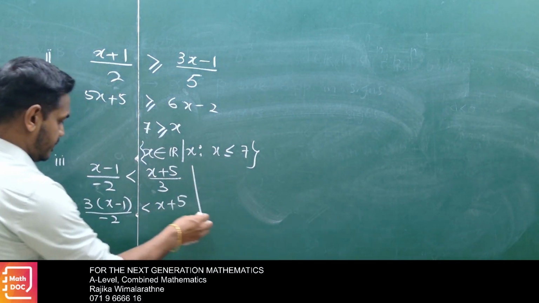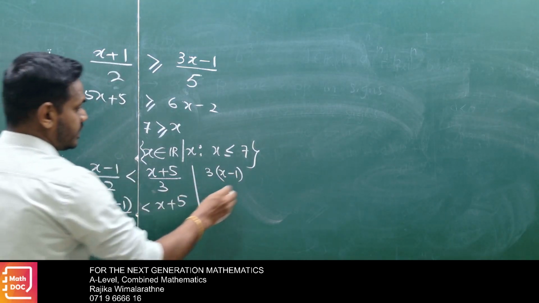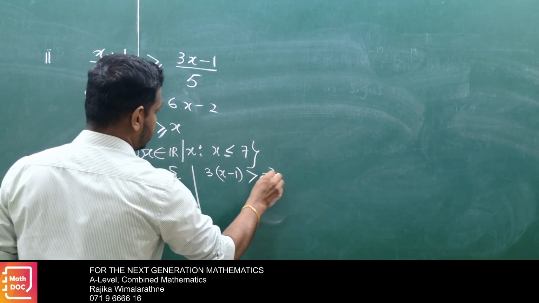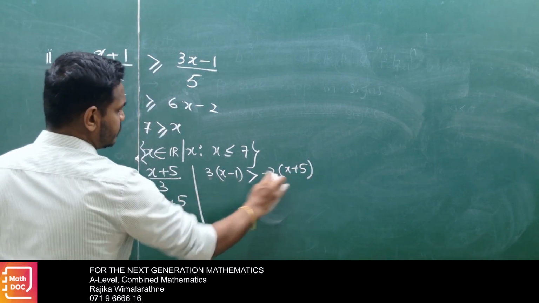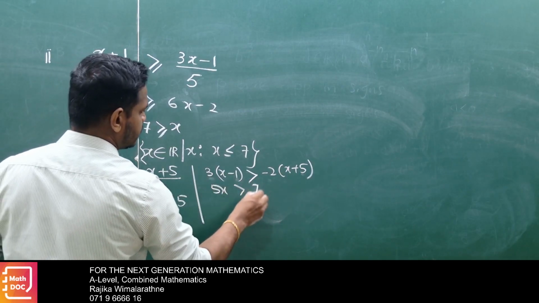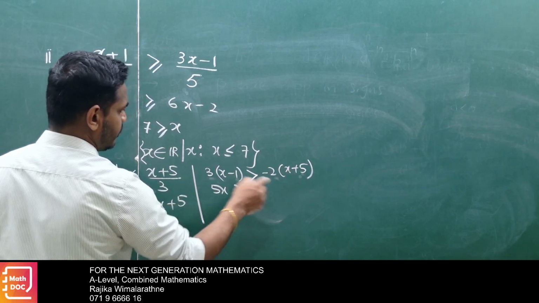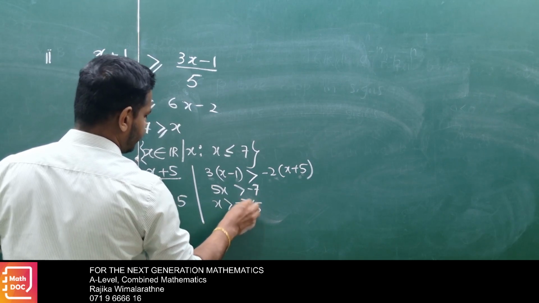So 3 into x minus 1, reverse the sign, 2 into x plus 5. Then 3x, 2x, 5x, minus 3, minus 10, minus 7. Then x greater than minus 7 divided by 5.